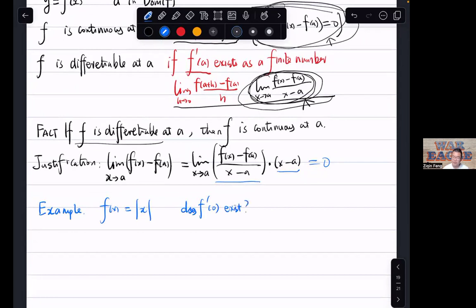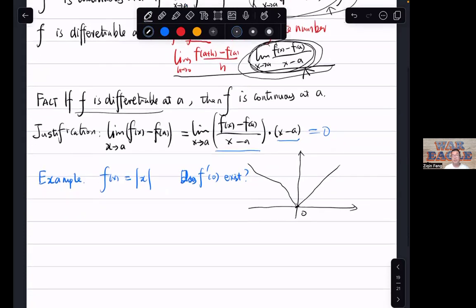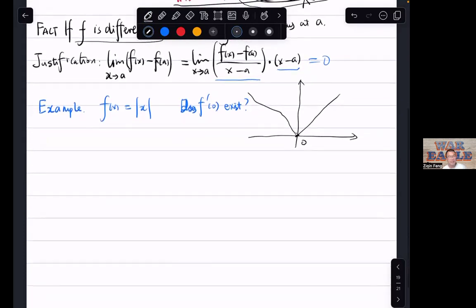Find it if it exists. At the same time, I try to sketch the graph of this function around 0. That's a corner, with a right side and a left side, and that's our 0 here. Let's see what happens at 0.